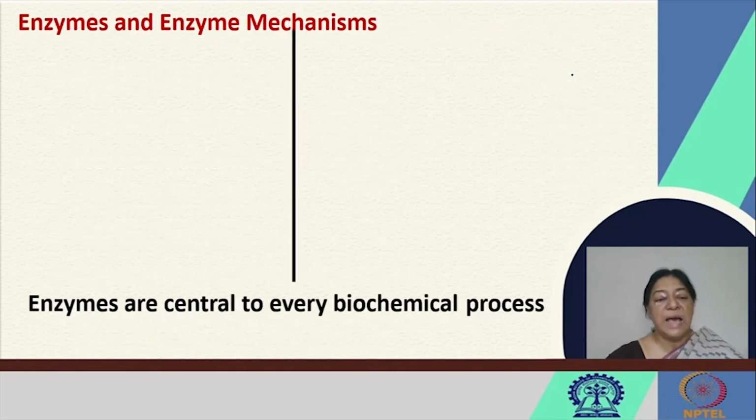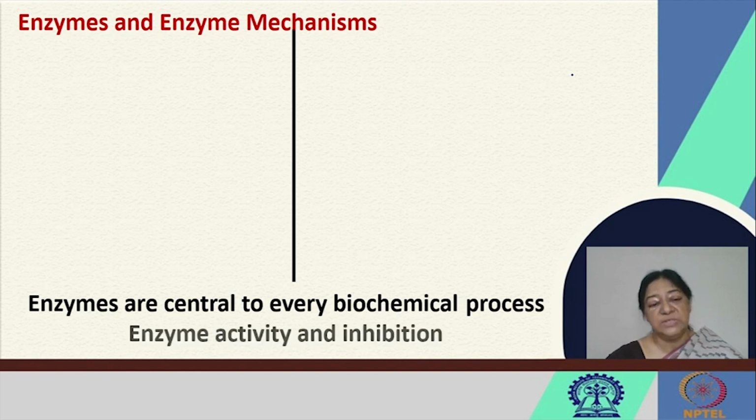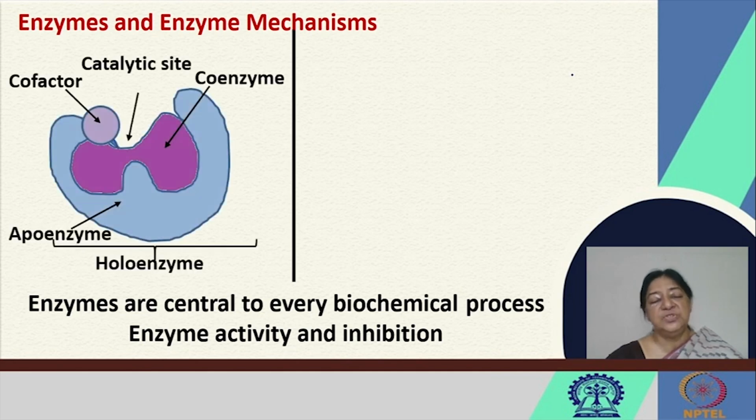So when we look at enzymes, we know they are central to every biochemical process, and enzyme activity and inhibition and an understanding of this is extremely important. So whether we have cofactors or coenzymes involved, the location of the catalytic site, the specific residues that line the active site that are involved in the reaction are extremely important.